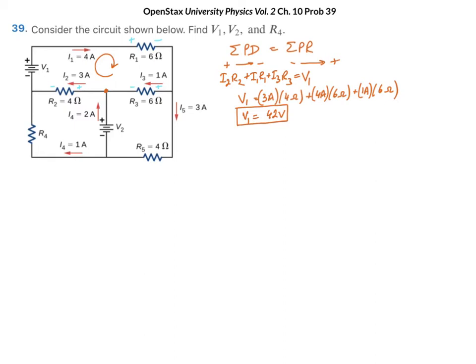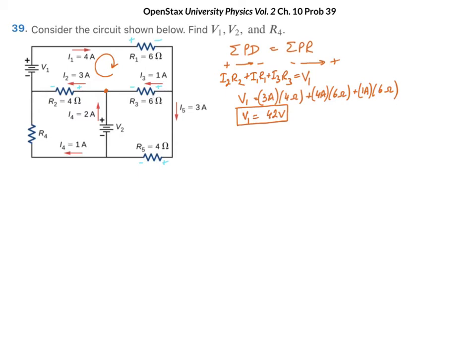So current I5 goes to the resistor, and this will be the higher potential, that's going to be the lower potential. So this is plus and this is minus, and then that's minus plus. And I already have the pluses and minuses labeled here.